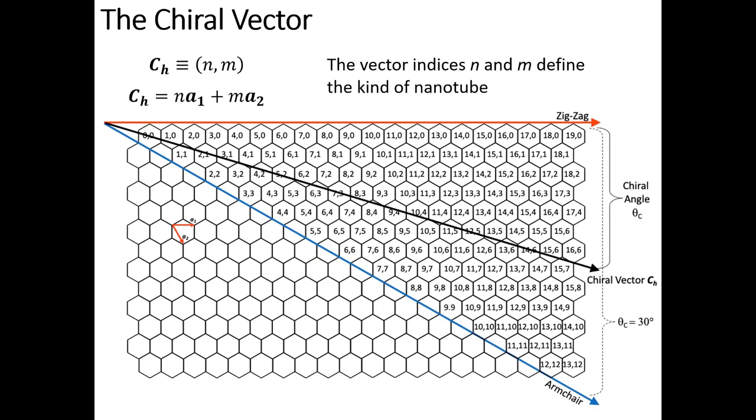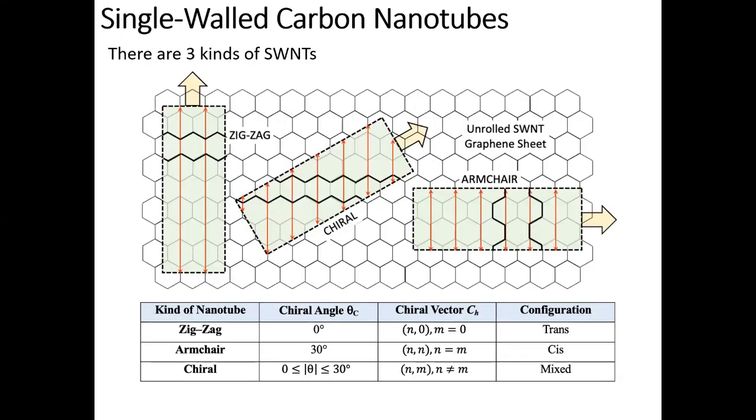Okay, Ch. As you go along the tube, you can see (0,0), (1,0), (2,0), (3,0). As you go this way, (1,1), (2,2), (3,3), (4,4), (5,5). You go back, and you can see that if n and m are equal, it's called an armchair tube. If m equals 0, it's called a zigzag tube. And anything in between, 30 degrees is the maximum of this angle difference.